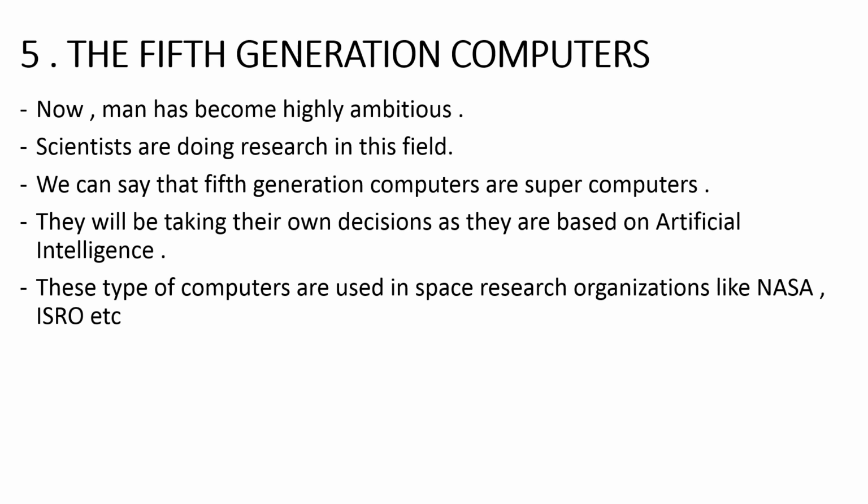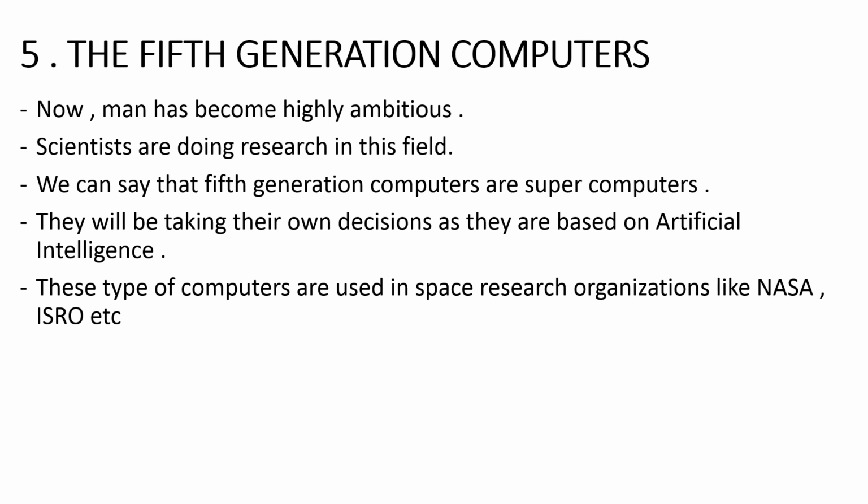He wants to do more things, and scientists are now doing research in this field. We can say that the fifth generation computers are also called supercomputers. And why are they called supercomputers? Because the fifth generation computers will have the ability to take their own decisions.